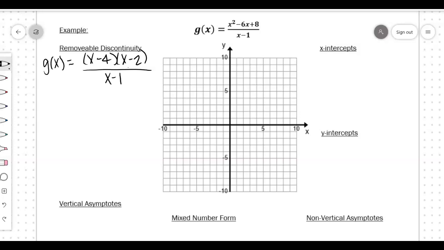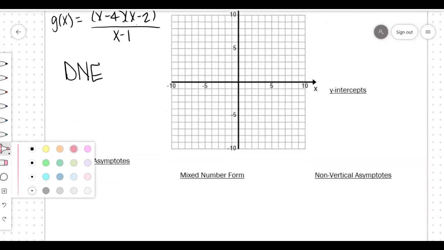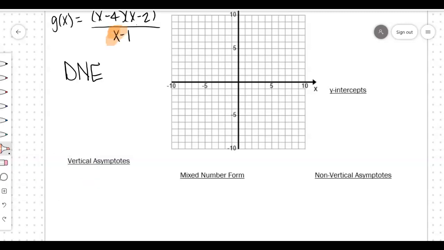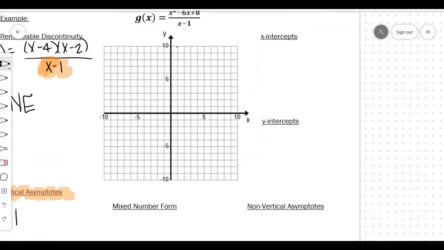We don't have any factors in common, nothing will cancel, so we don't have a hole, no removable discontinuity. We will, however, have a vertical asymptote, so looking at the x minus 1, I know that we will have a vertical asymptote when x is positive 1. So I'm going to go over here and add that to our graph.